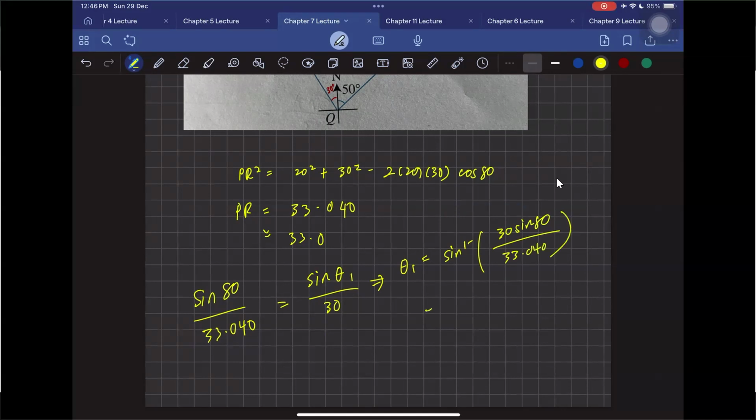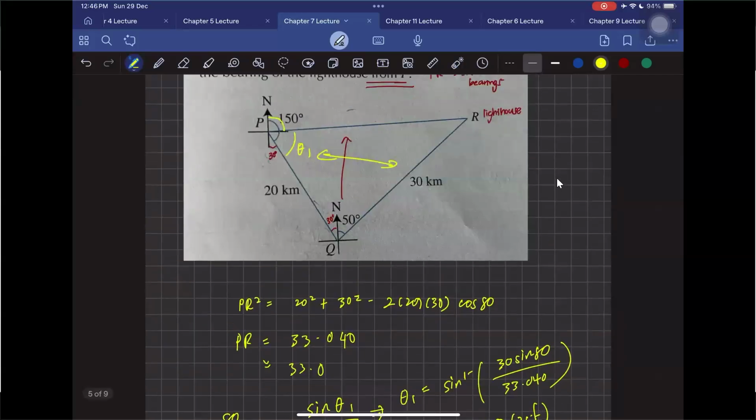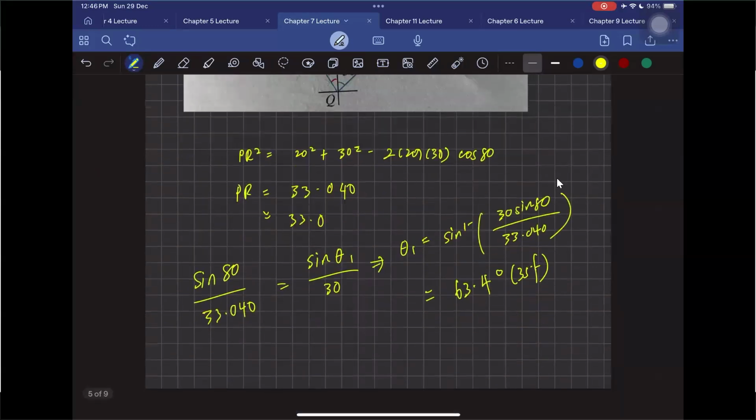If you type this in your calculator, you should get 63.4 degrees, 3SF. So theta 1 equals 63.4. Therefore your bearing is just 150 minus 63.4.